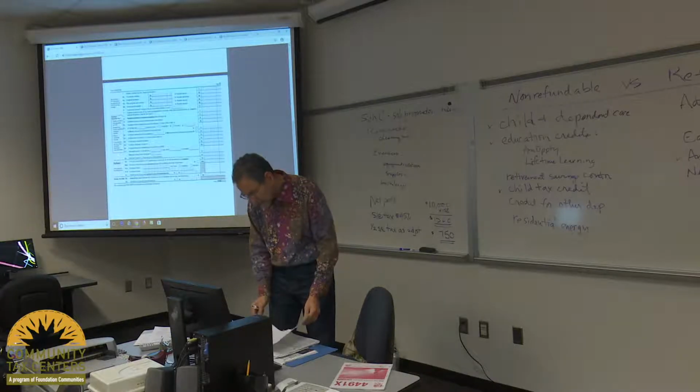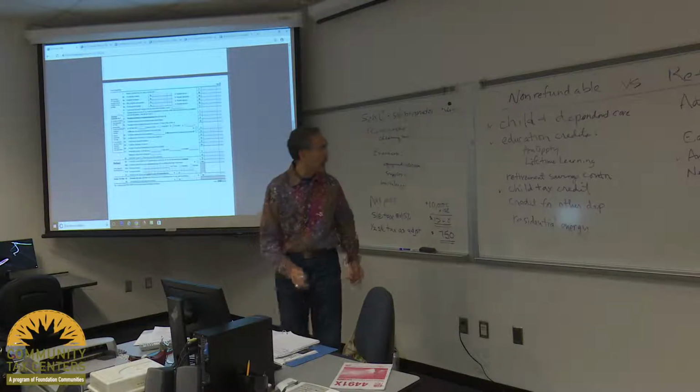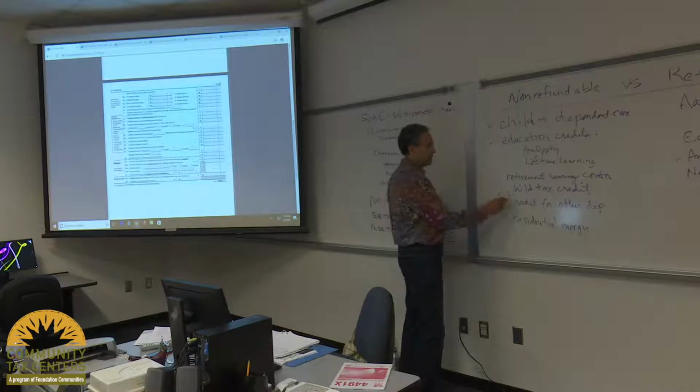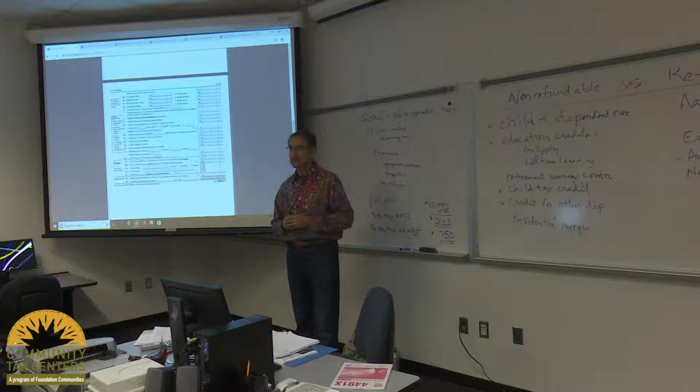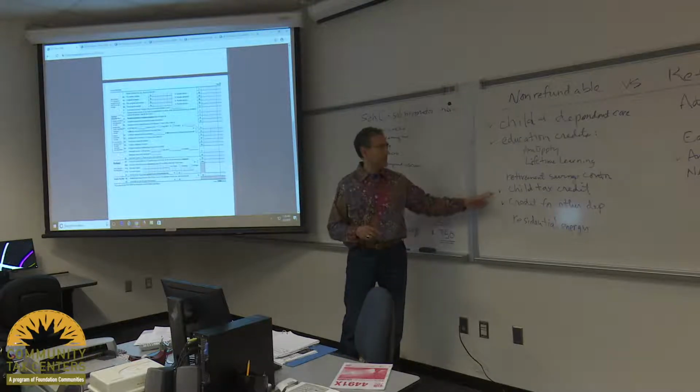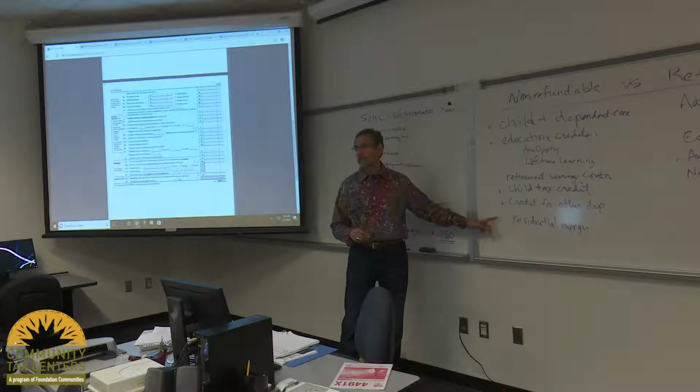So let's talk about the credit for other dependents. Anybody else that's a dependent and didn't qualify for the child tax credit could potentially get you a non-refundable credit of $500.